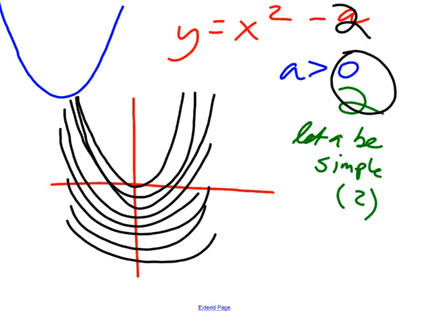So now, what's the domain and range of that? If you just look at those, do you get that they're parabolas and therefore they go forever left and right? So the domain of it would be from negative infinity to positive infinity. What's the shortcut I just told you today? Big R with the double straight line to make the big R. All real numbers. The domain is all reals.